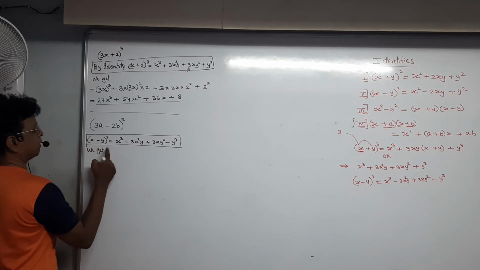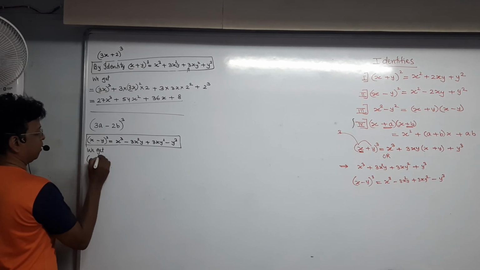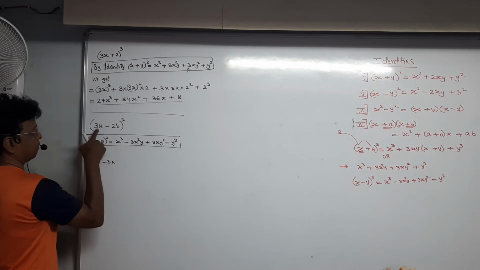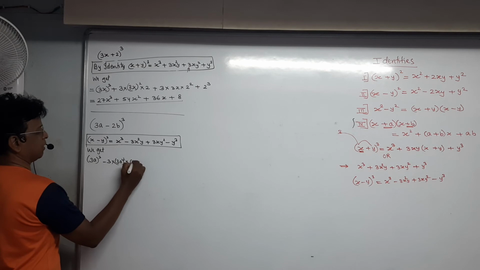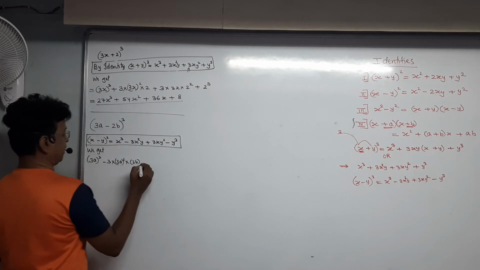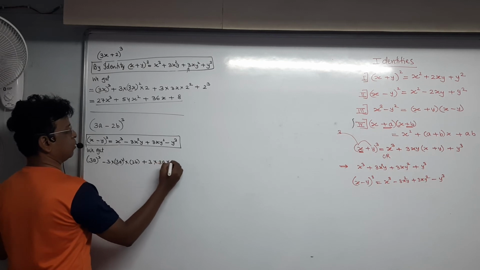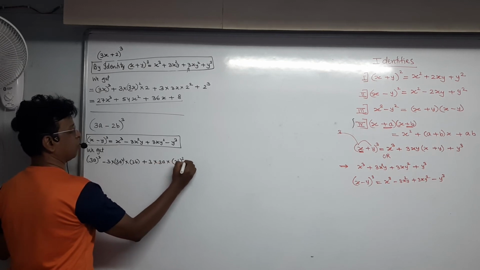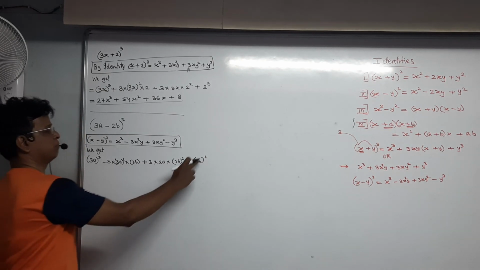We get x cube, means what? 3a the whole cube, minus 3 will come from outside, first term square into second term, which is 2b, then plus 3 into first term 3a into second term square, plus 2b the whole cube.